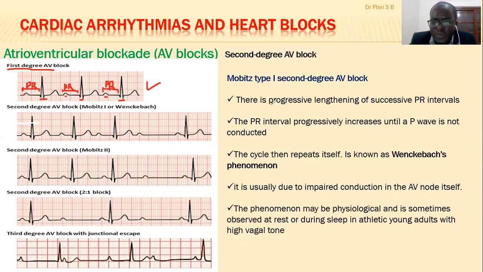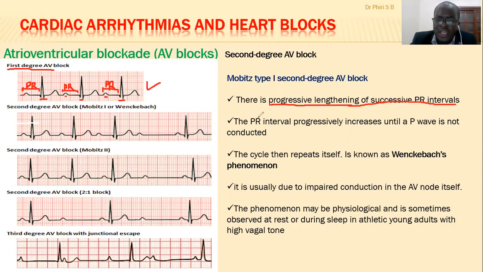So here, the key phrase is progressive lengthening of PR interval. So you need to mark this phrase in Mobitz type 1, second degree AV block. So there is a progressive lengthening of successive PR intervals.